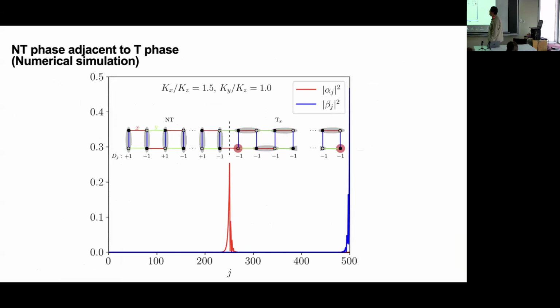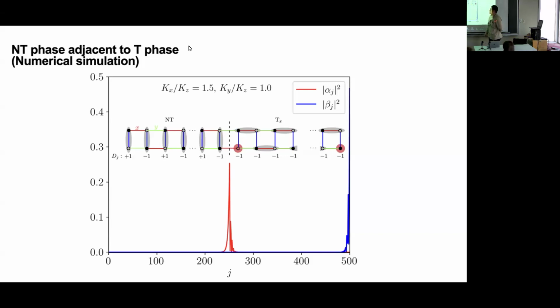Okay. So now what's interesting is for a given fixed parameter set, for example Kx equals 1, and the other couplings fixed as shown. If we have different flux sectors, pi flux on the left, which is supposed to be the NT phase, and zero flux on the right, supposed to be the TX phase, can we have a Majorana mode at the intersection of the NT phase and the TX phase?